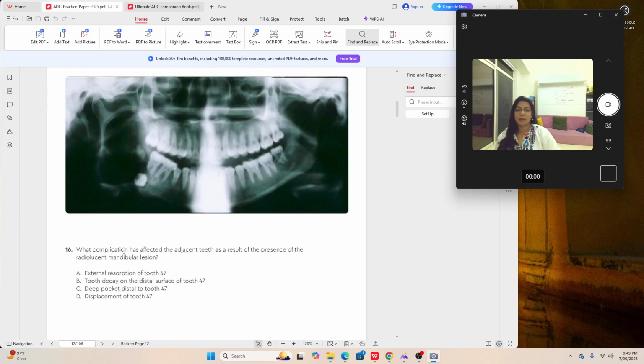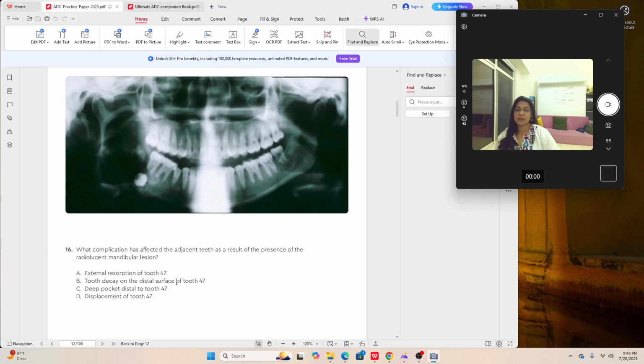Now, what complication has affected the adjacent teeth as a result of the presence of the radiolucent mandibular lesion? Adjacent teeth, that's tooth number 47. You can see there is a root resorption here. The root is not as long as it should have been. So what does that mean? There has been a resorption. External resorption of tooth 47.